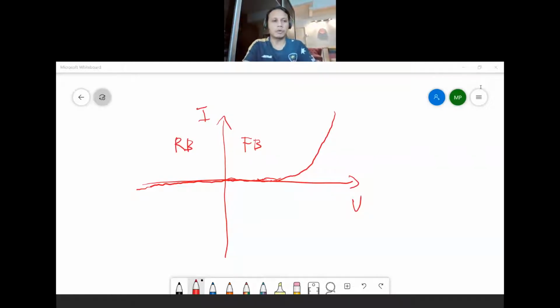So we know that if we want a forward bias connection, remember, how do you connect the terminals on the PN side of the diode? How do we have forward bias?